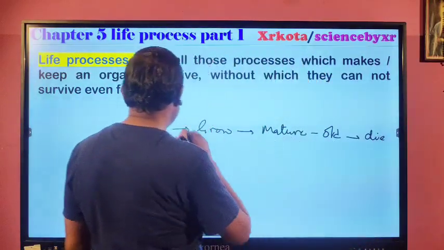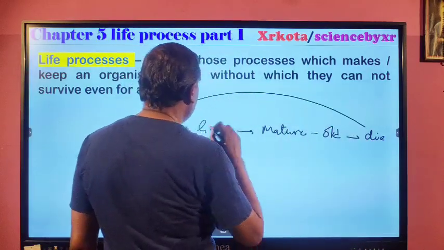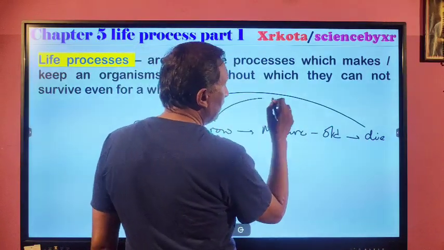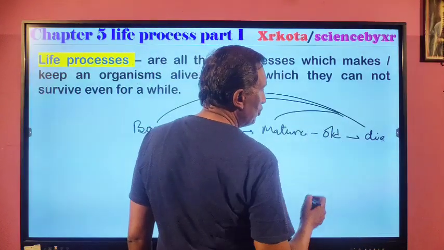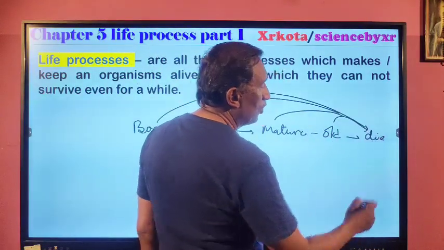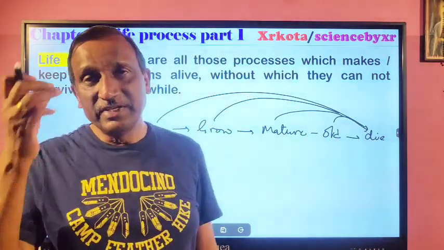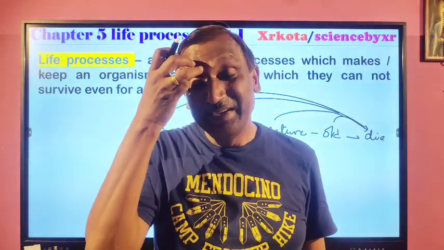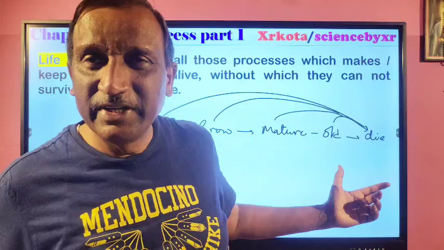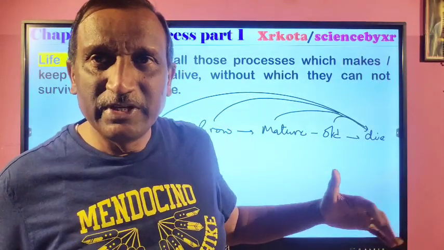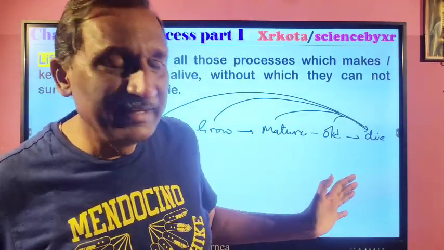Now death can occur anytime. They may die during the course of birth, or during the course of growth, or during maturity, or after turning old. If they die after turning old, then we say it is a normal death, a natural death. Otherwise, all are unnatural deaths.